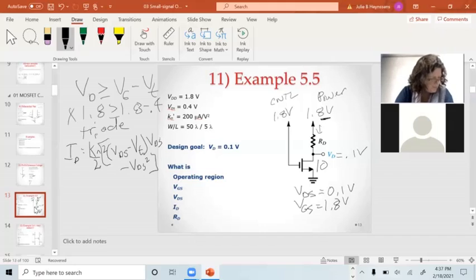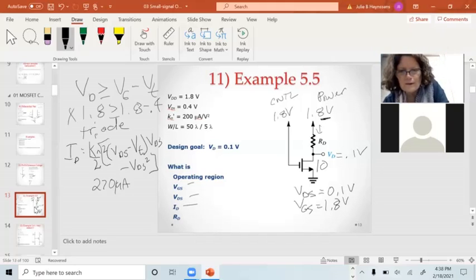And we could plug all that into the equation and come up with 270 microamps. So we got ID, we got VDS, we got VGS.